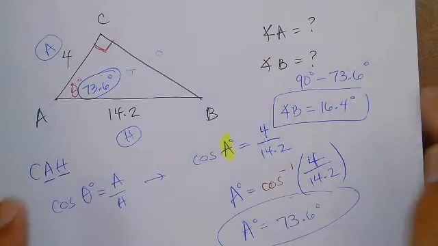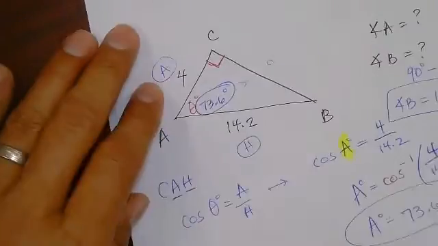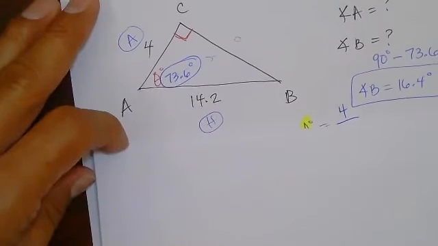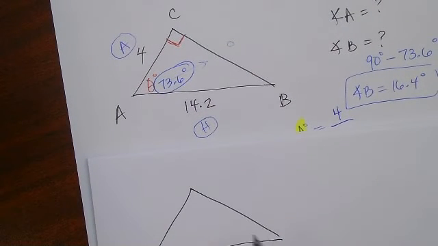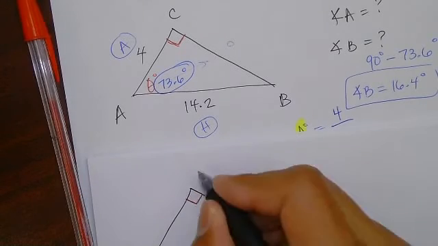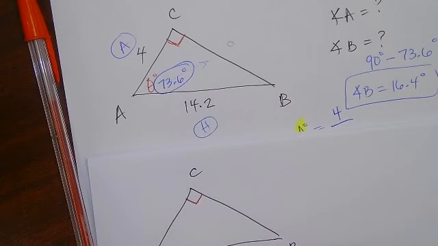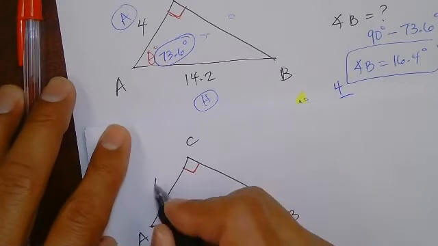Okay, so what I'm going to do, because this got all sloppy right here, I'm going to just copy the triangle again over here. If you just have too much stuff, it looks too busy, and you don't know what to focus on.